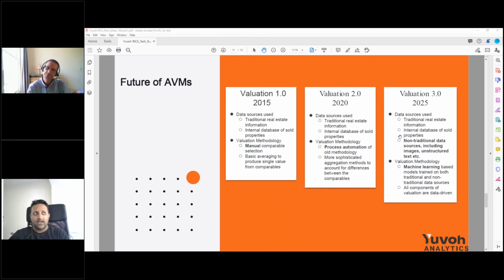Now, I had a slide previously on which asset classes are relatively easier than others within the real estate spectrum, and it's not surprising that something like residential is easier to automate and build out machine learning AVM models for, because there's a vast amount of data available there.